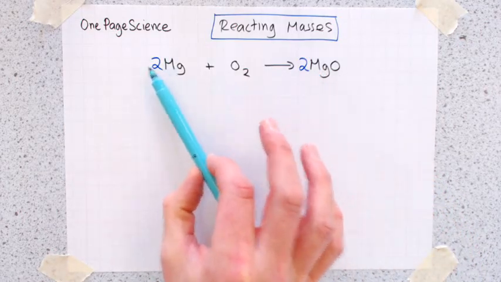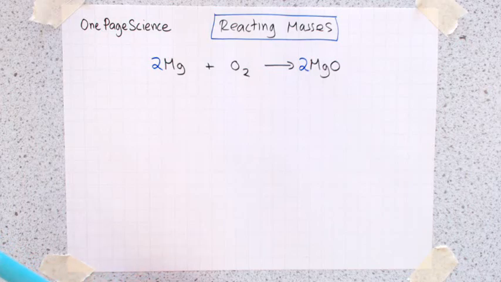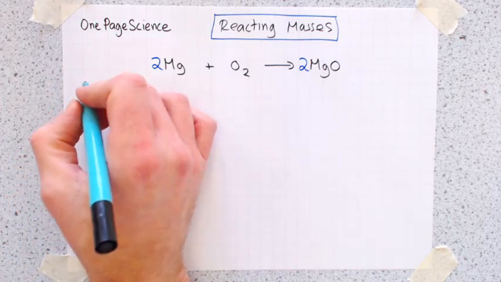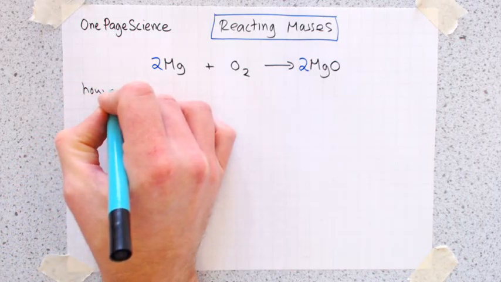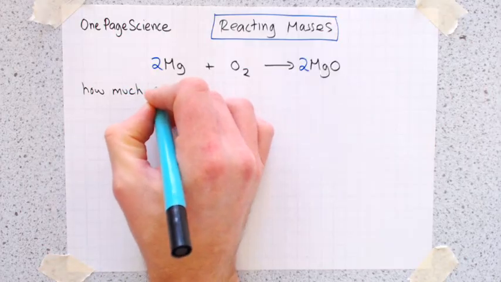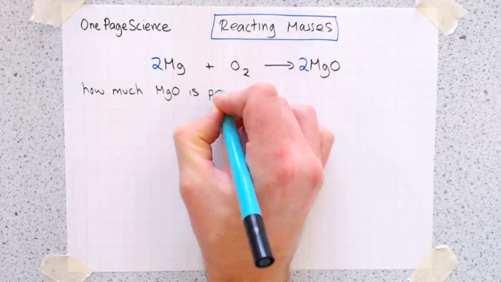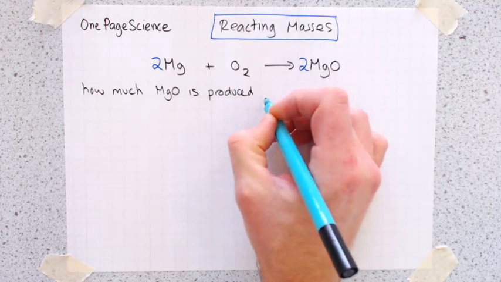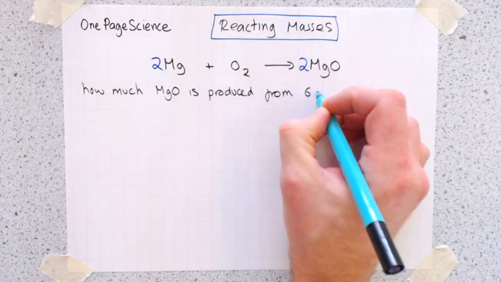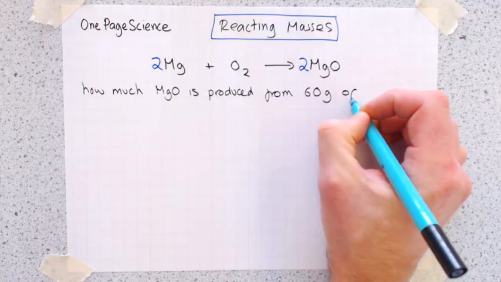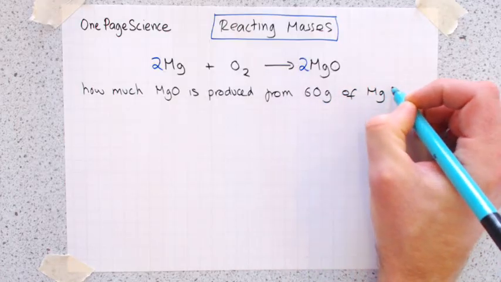We need this information at different points throughout this question. So here's how a question could be asked: how much magnesium oxide is produced from 60 grams of magnesium?